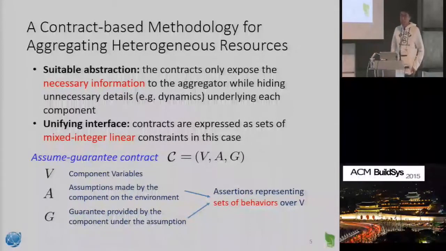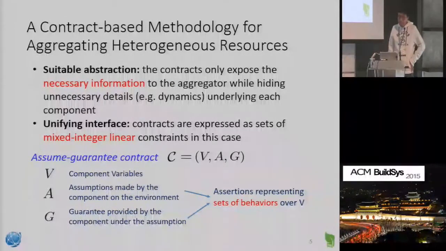In recent years, contract-based design methodology has emerged as a formal methodology for designing cyber-physical systems. Contract-based design has the benefit of the traditional, maybe you have heard of, component-based design that utilizes the modularity of different components, and platform-based design.